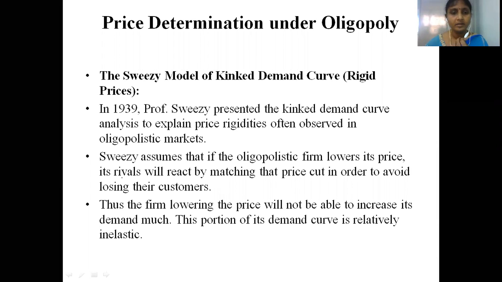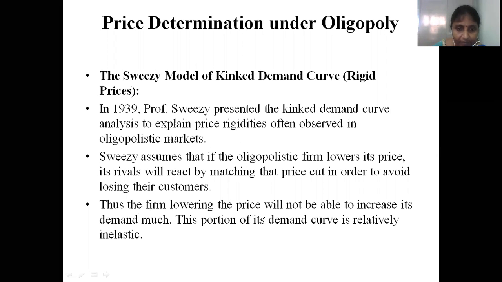They will react by matching that price cut in order to avoid losing their customers. Suppose we have five oligopolistic firms. The first firm reduces the price. Automatically the second, third and fourth firms are affected by the first firm's price reduction. They are also going to reduce their prices. That is what he observed.